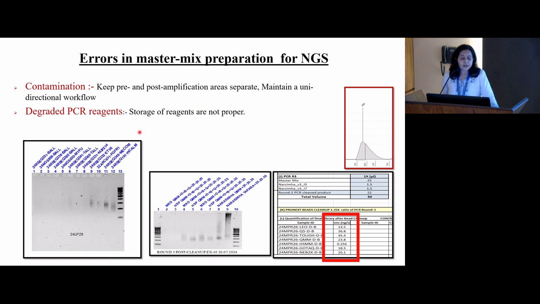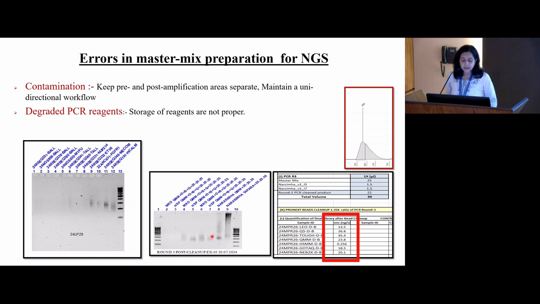If your PCR reagents are degraded because the storage is not proper, that is also a problem, so these things are really important. This is a picture in which we were regularly using a master mix and suddenly we were getting nothing. Then we had to change the master mix.